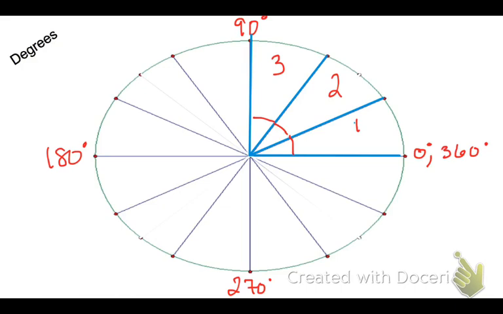So if I were to cut them into 3 equal pieces going between 0 and 90 degrees, each angle would need to be 30 degrees. So this first angle would be a 30-degree angle.